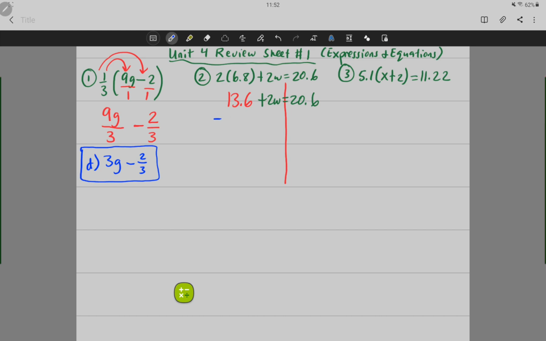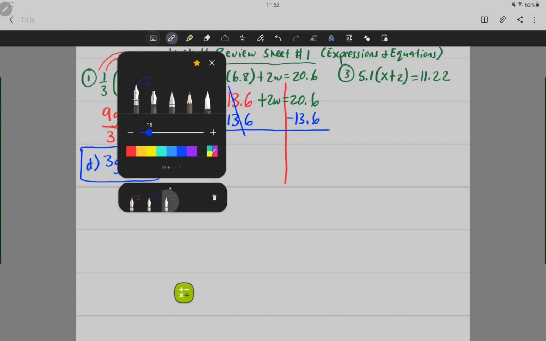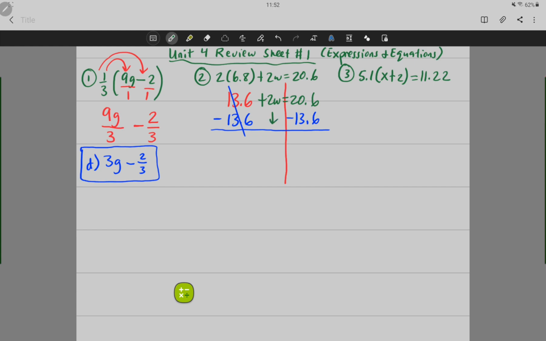So we need to subtract 13.6 on both sides. Again, the goal is to move everything away from the w. So 13.6 minus itself is 0. Just cancel that. Bring down the positive 2w that we haven't used yet. Bring down our equal sign. And 20.6 minus 13.6 is just 7.